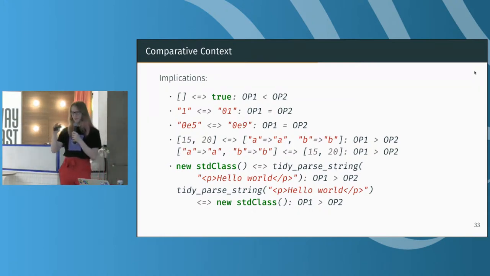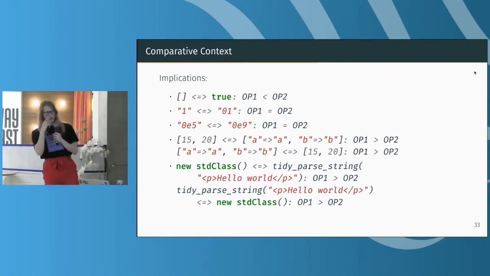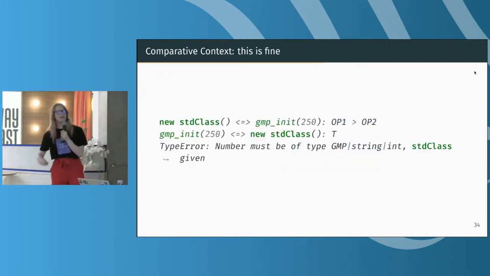The erasing is because the arrays are incomparable. PHP doesn't actually have a proper way of signaling this. So its way of doing it is to say that however you flip the operands, you always get the same result: operand 1 is greater than the other one, which also works when comparing a standard class with something else. But then you have some other weird things where GMP actually works.